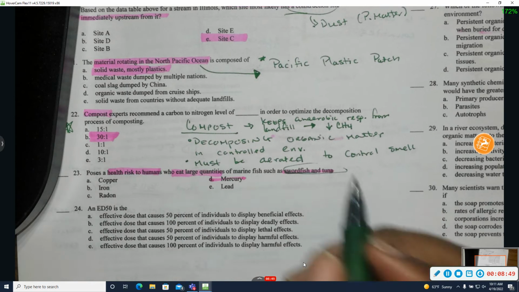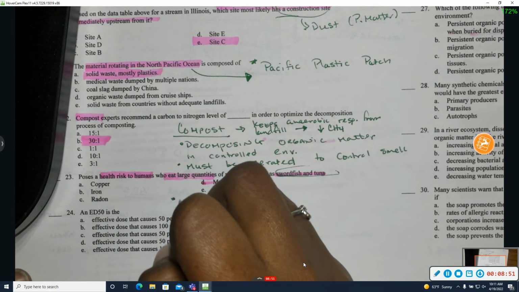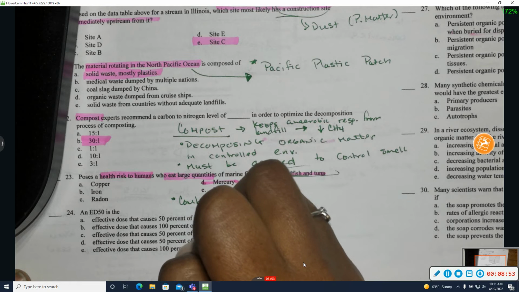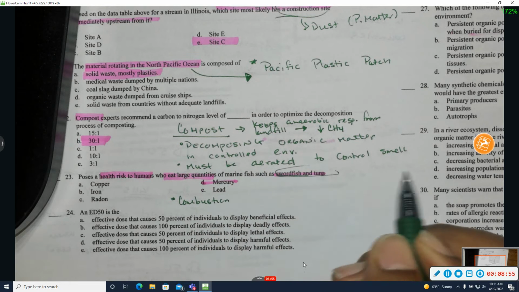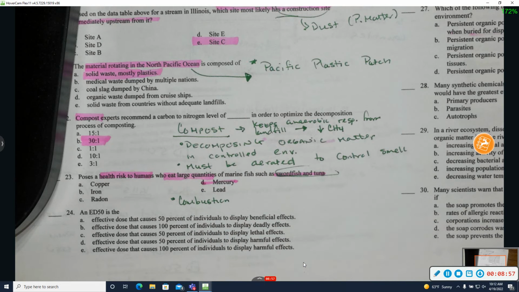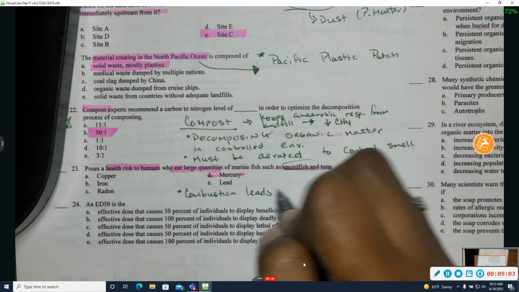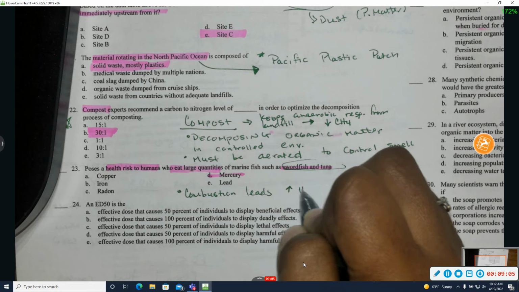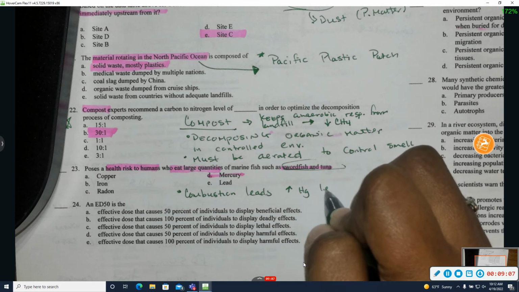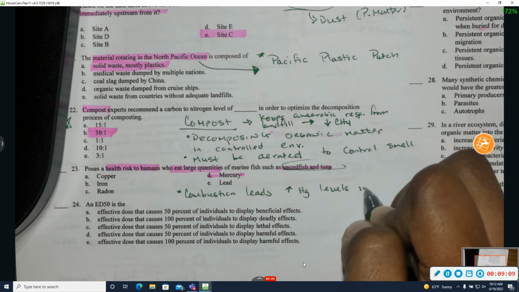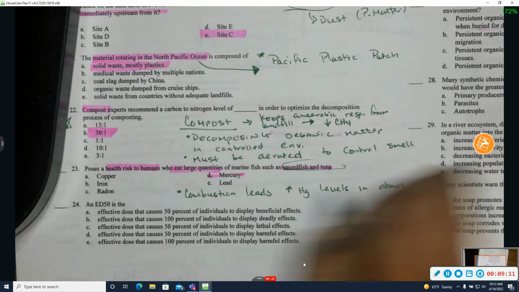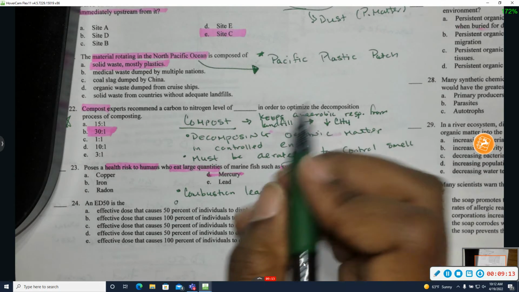Here's what happens: you end up with combustion of fossil fuels, either through coal combustion or vehicle combustion, it really doesn't matter, but combustion leads to an increase in mercury levels in the atmosphere. And then that mercury goes into the ocean.